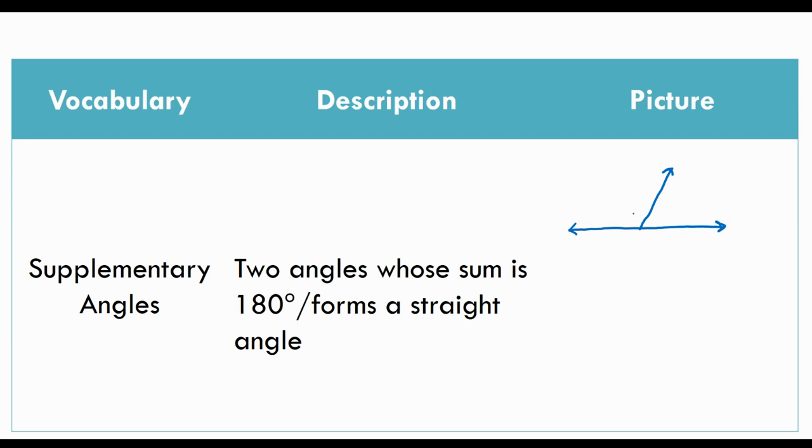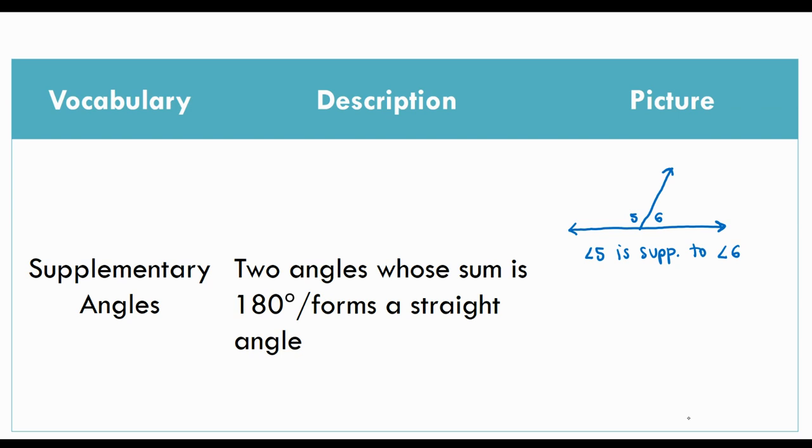I'm going to call this angle 5 and angle 6. Notice that the only type of angle that you can ever assume from a picture is a straight angle. Angle 5 and angle 6 are forming that straight angle. So that's why I know that angle 5 is supplementary, and that's how I abbreviate it, to angle 6.